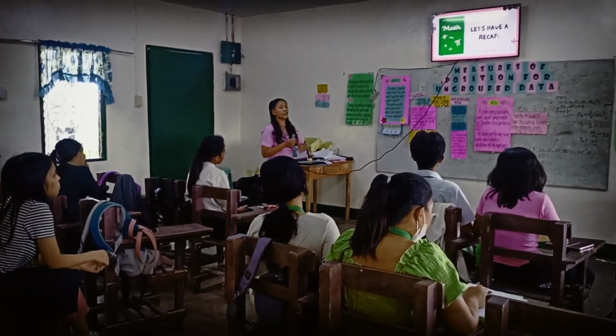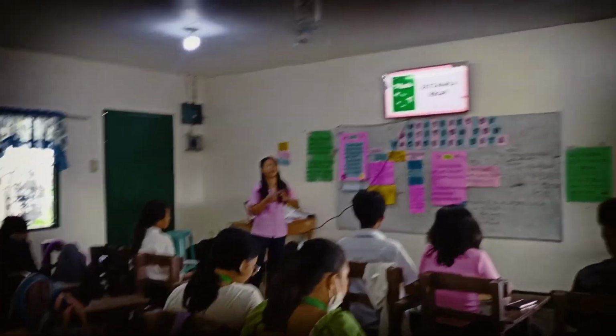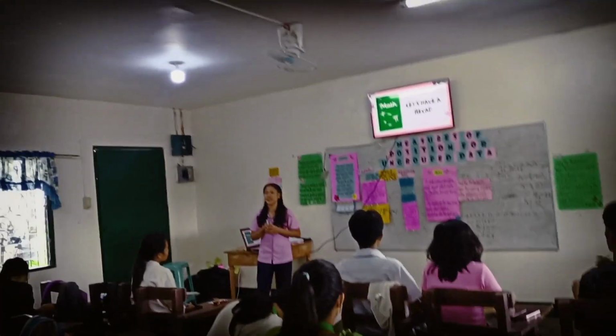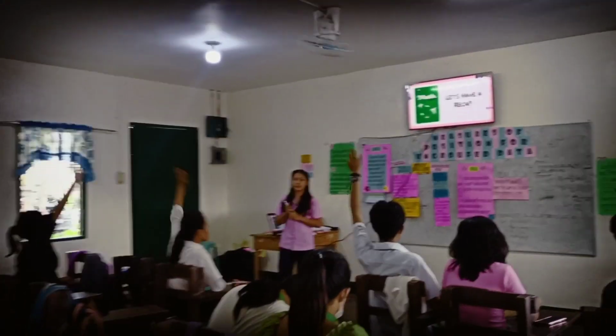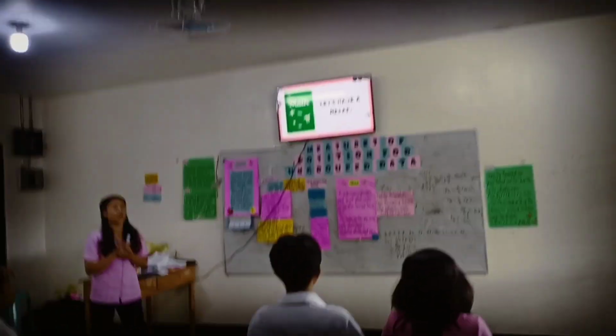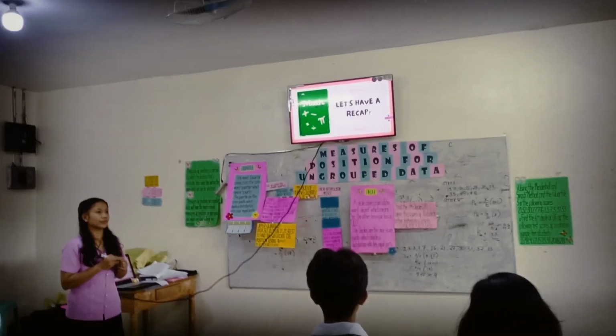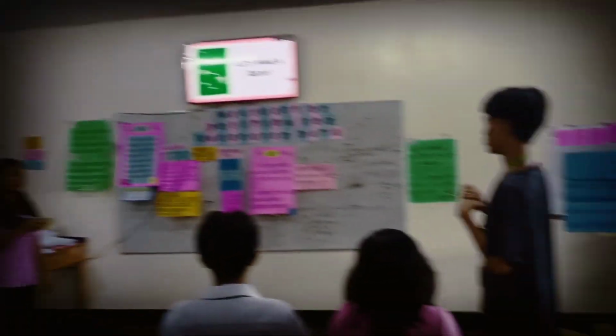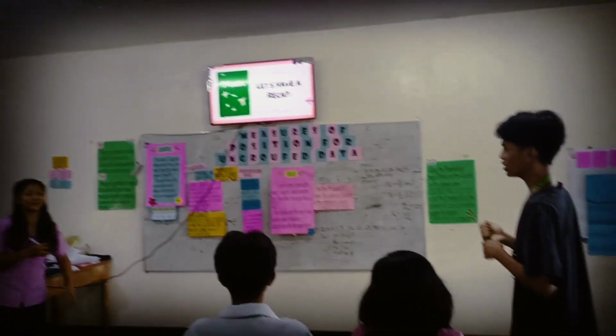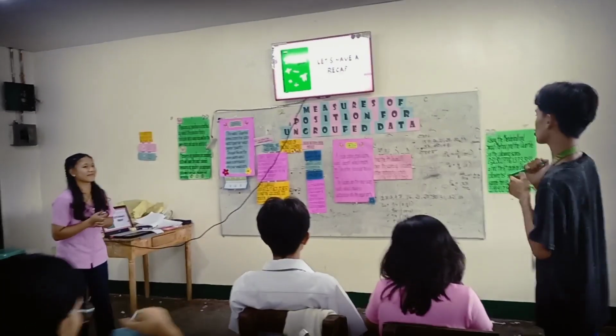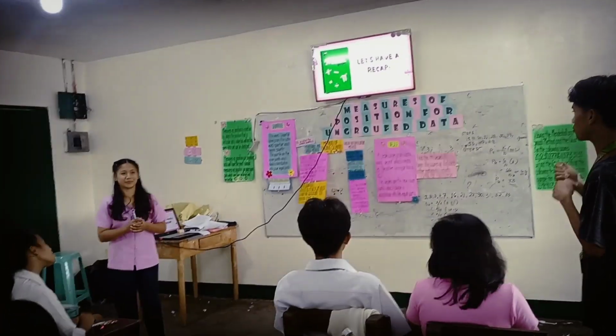Precisely, Ms. Manaloto. Thank you. Can you remember, class, what quartile is? Anyone? Yes, Mr. De Guzman? The word quartile comes from the Latin word quartus, which means fourth. The quartiles are the score points which divide the distribution into four.